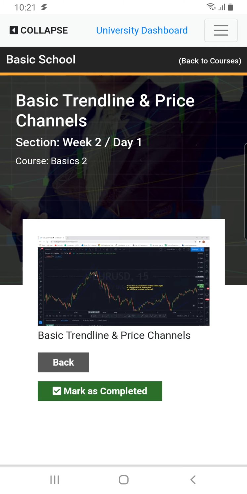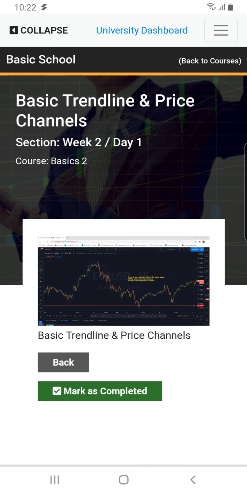This price channel right here is called an ascending price channel. Ascending meaning going up, or uptrend. This is this one right here.